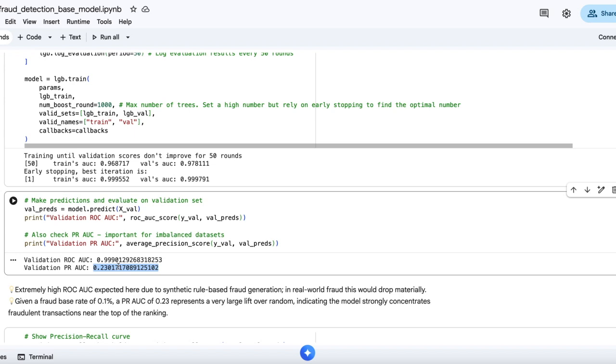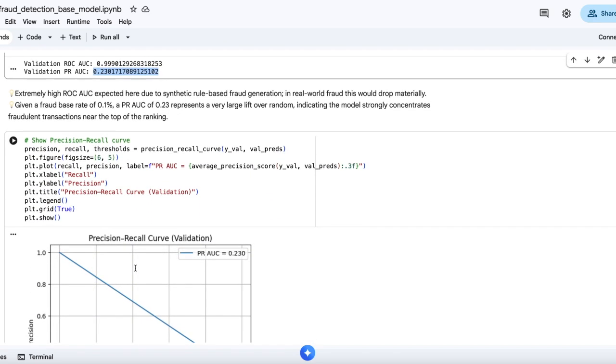Given a fraud base rate of 0.1%, which we've established as ground truth based on our exploratory analysis, a PRAUC of 0.23 represents a 230 times lift over random, indicating the model strongly concentrates fraudulent transactions near the top of the ranking, which is what we want.